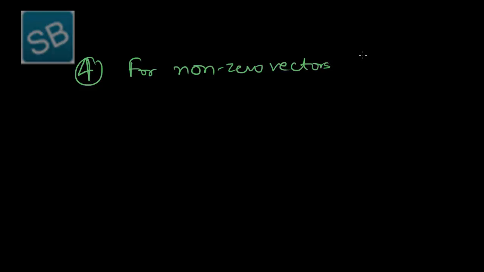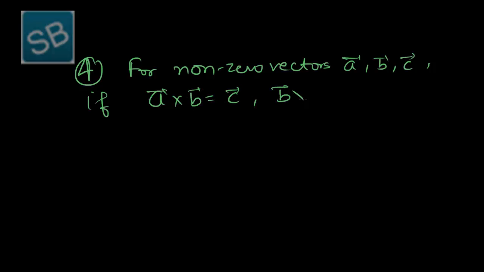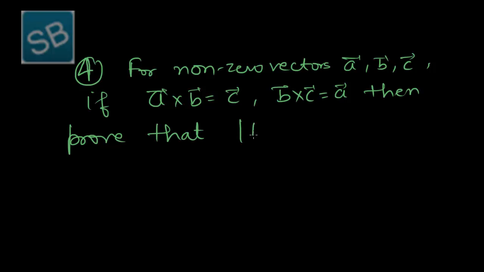Now the problem fourth is for non-zero vectors, vector A, vector B, vector C, if A cross B is equal to C, B cross C is equal to A, then prove that magnitude of vector B is 1.